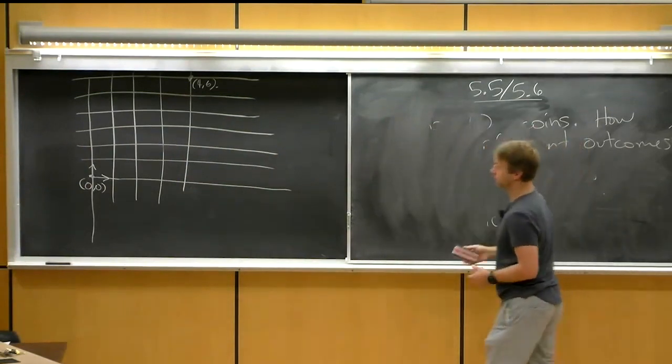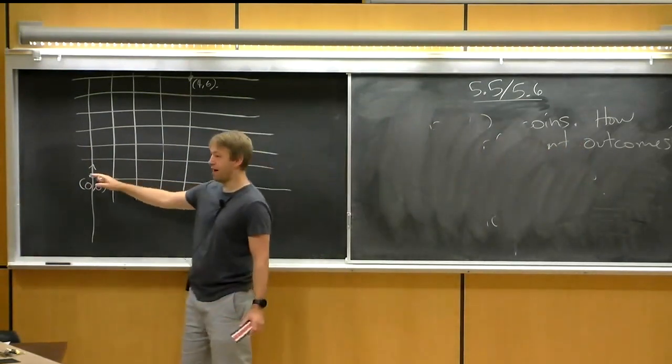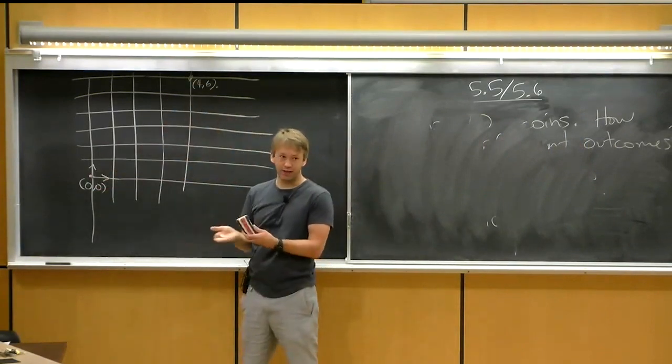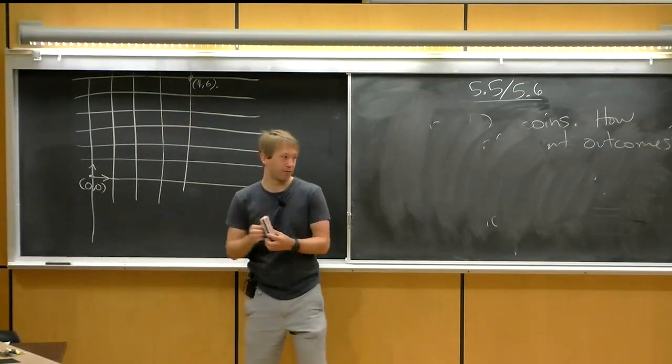So in each step, you either go up by 1 or to the right by 1. And what I want to work out is how many different paths are there starting here and ending here that only take steps 1 to the right or 1 up.